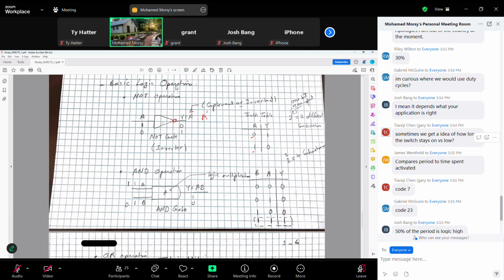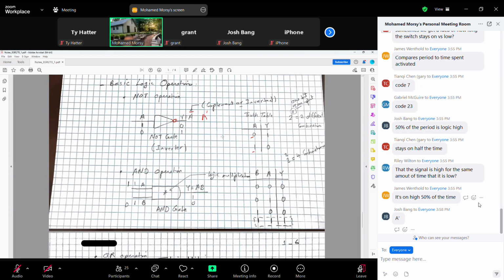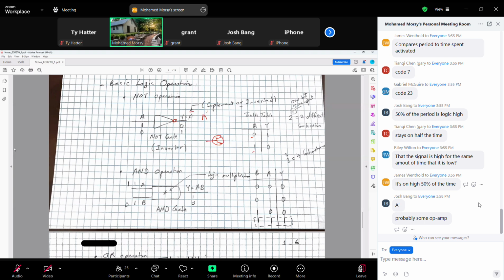This inverter, as we mentioned, is just a symbol, but inside this symbol there is a circuit. One may ask, if we put 1 at the input, or logic high, how do we get 0 at the output? If we look at the circuit, it is a simplified circuit just to get the idea of how this works. This is the emitter connected to the ground.